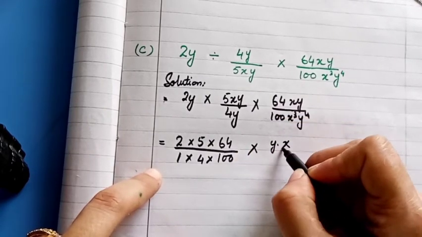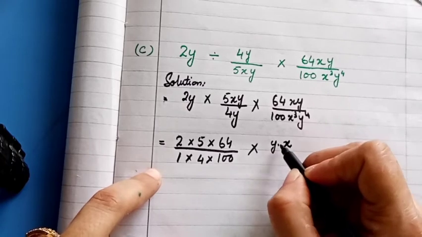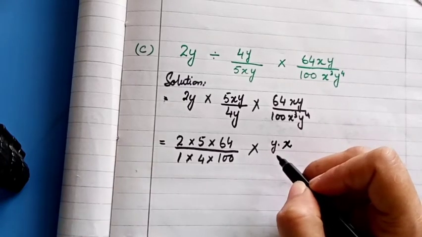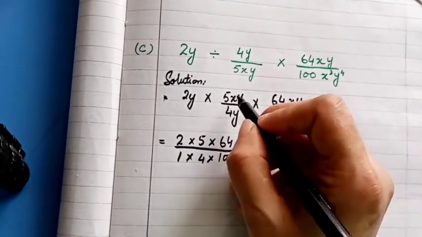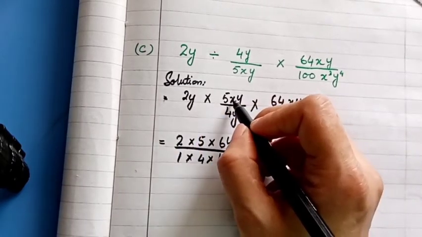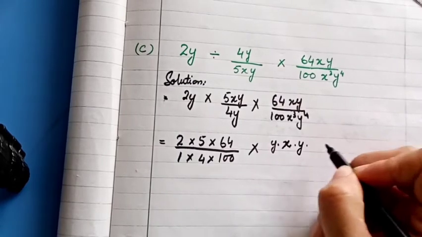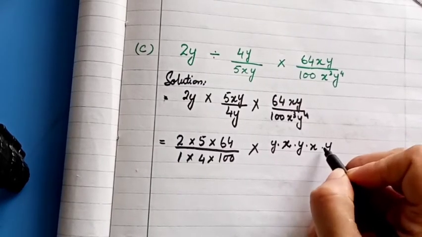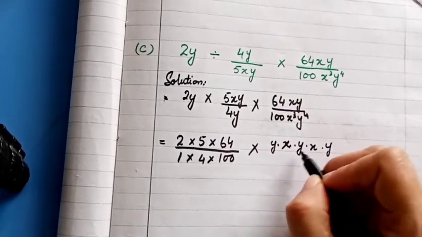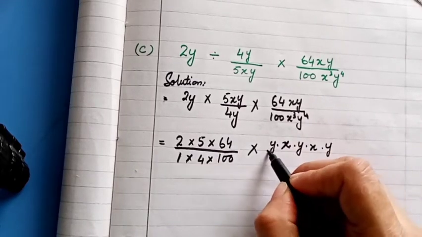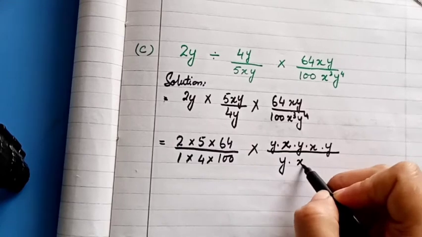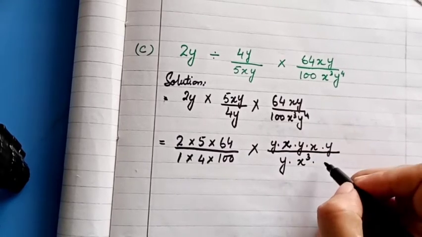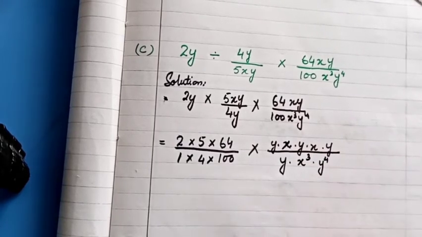Okay, I am putting a dot rather than a multiplication sign so that you will not be confused with x and the multiplication sign. So x, y, then again x and y. This dot will represent the multiplication between these variables. And in the denominator we have y, we have x cube, and we have y with power 4.